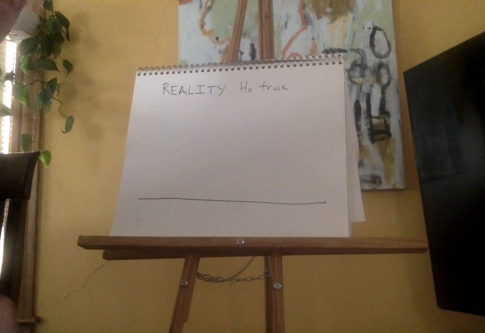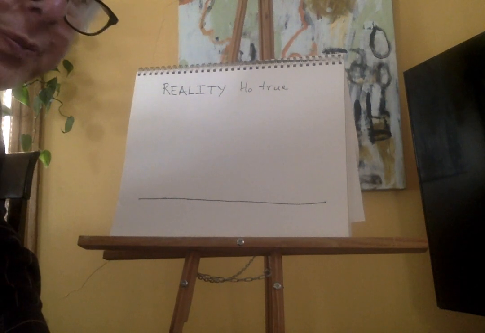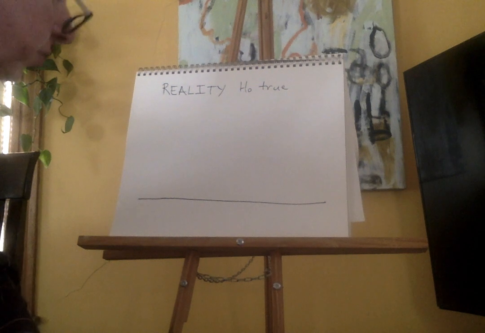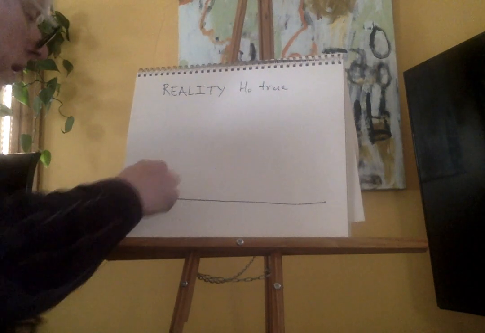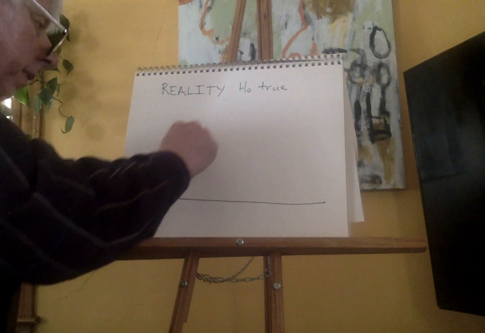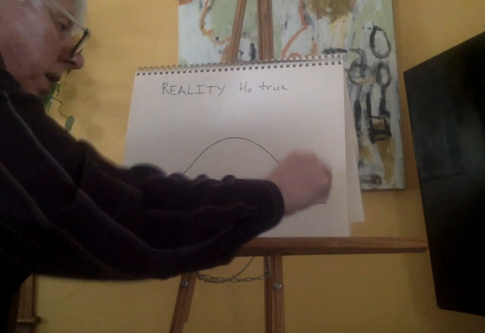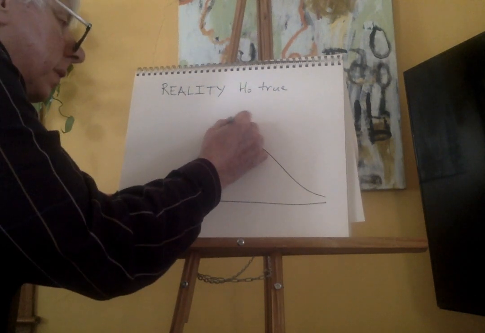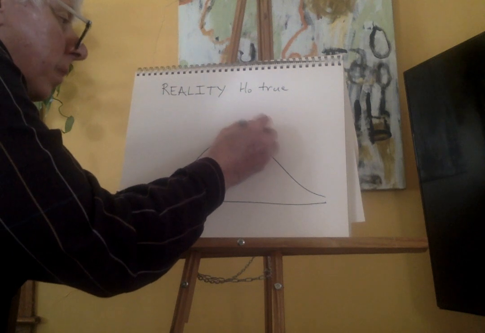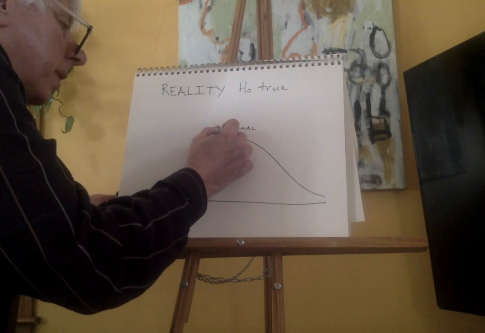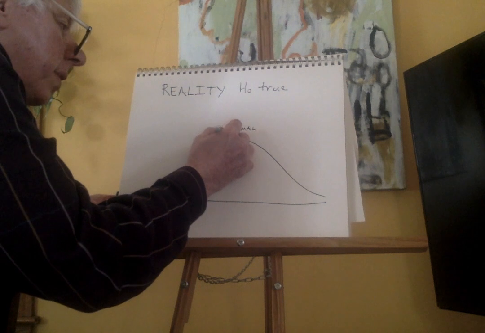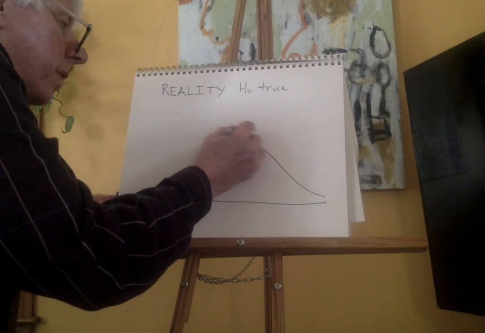So I'm going to talk about a reality where the null is true, okay? So if we talk about our normal population, and when I say normal here, I'm saying not treated.